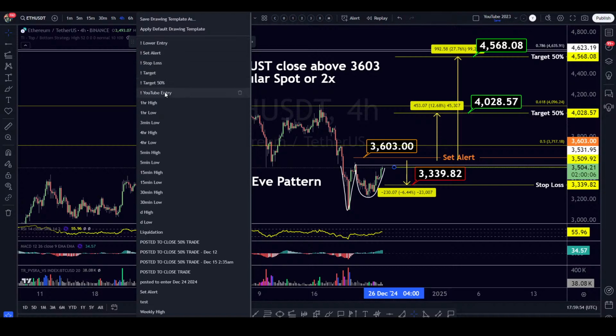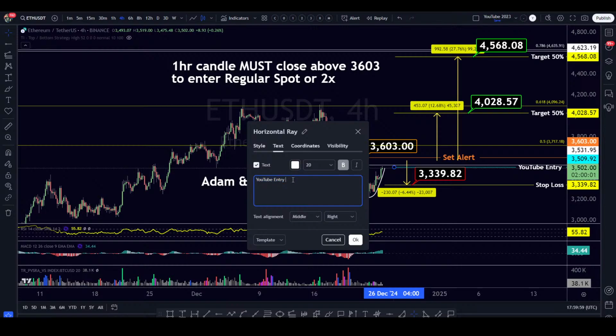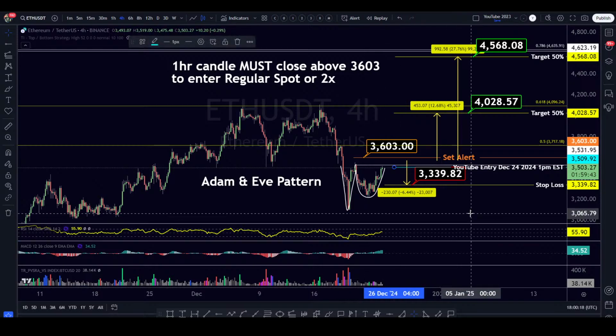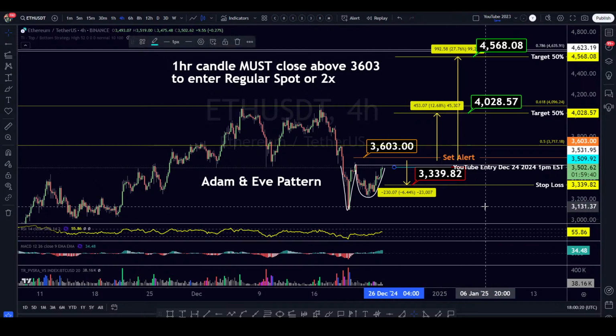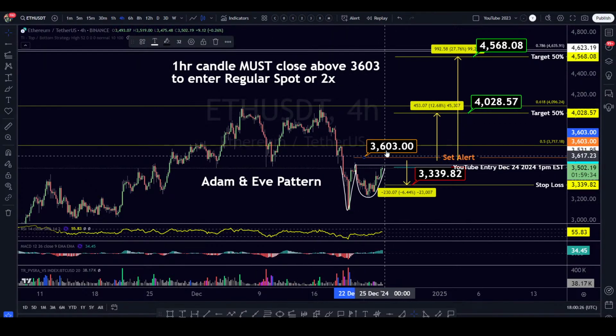So let's go YouTube entry. And then what I like to do is put a little bit more context in this. So this is December 24, 2024, and the time is 1 p.m. Eastern Standard Time. That's good. Let's put this in the front. So what does this mean? This means the alert goes off and you add to the trade.